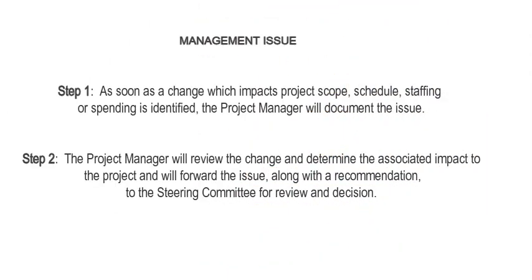Any changes to the project plan will impact one of the 3 critical success factors: available time, available resources, and project quality. When deciding to make a modification to the project plan, it should be coordinated using the following steps. The first one, as soon as a change is identified, the project manager will document the issue, and then the project manager will review the change and forward the issue with a recommendation to the steering committee.